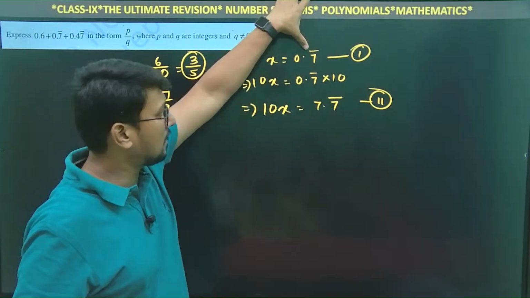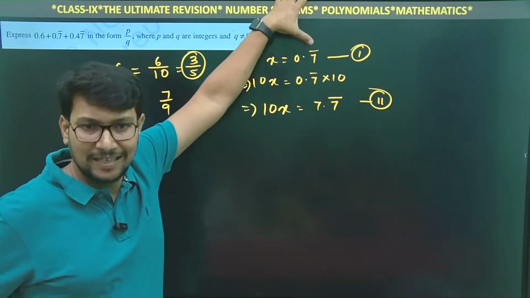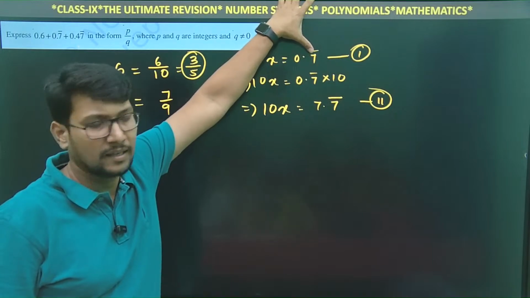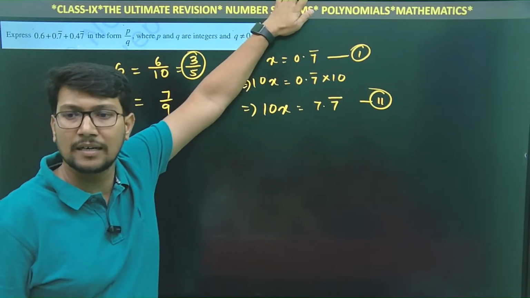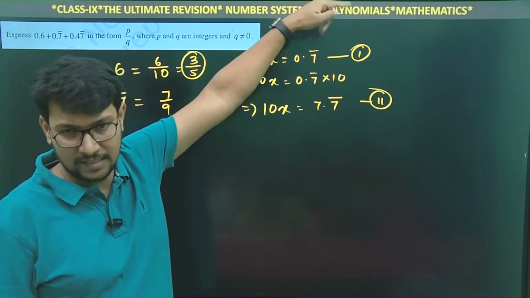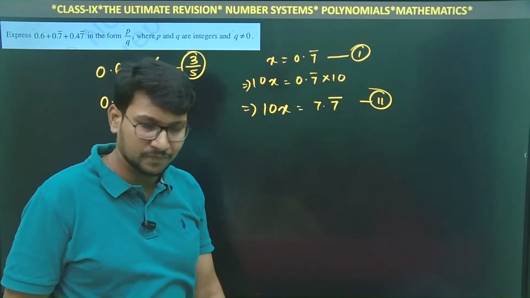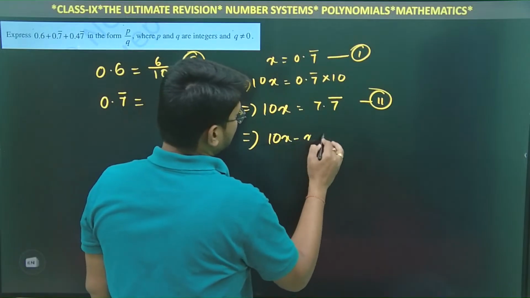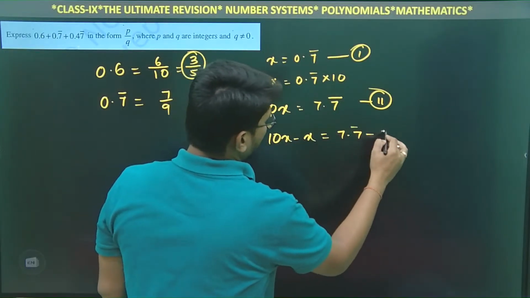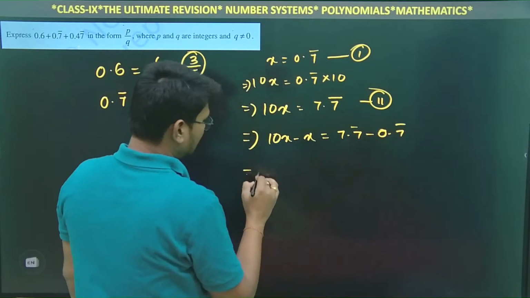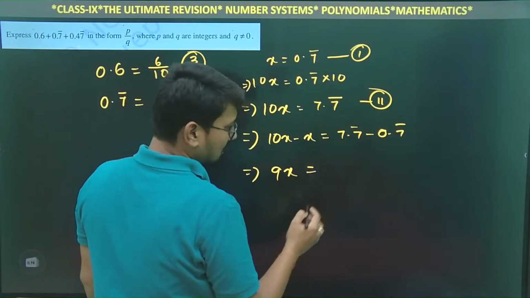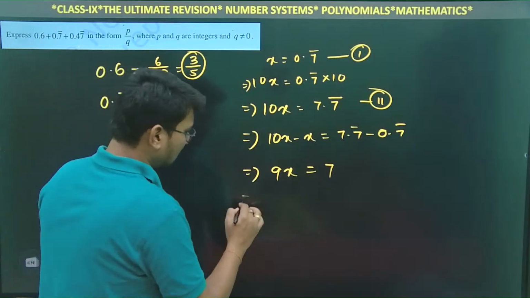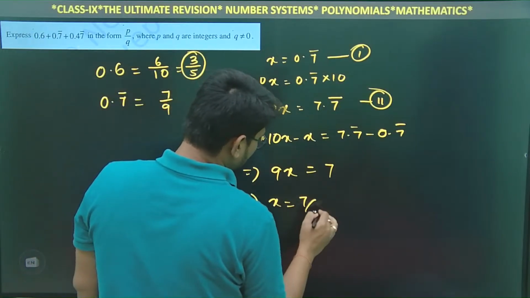But first, whenever after the decimal only the next digit is under the bar, you multiply by 10. So 10x minus x is 7.7 bar minus 0.7 bar, that is 9x equals 7. So therefore x equals 7 by 9. Is that true or not? Tell me.